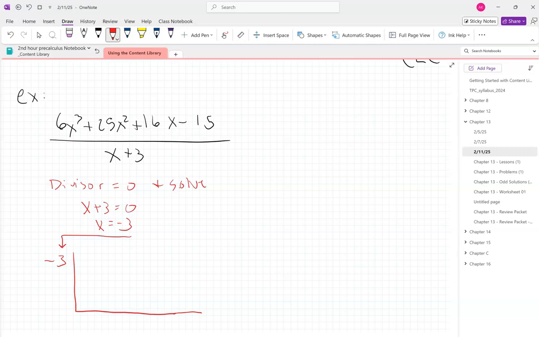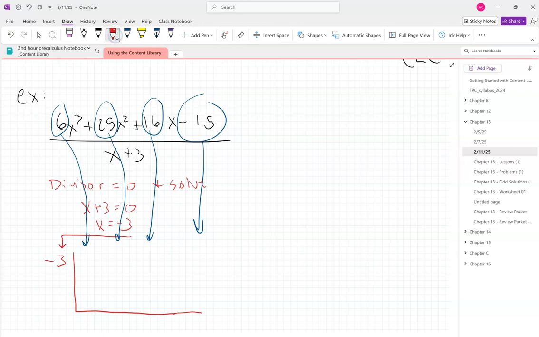So I'm going to draw this little grid. And then I'm going to take just the coefficients from my dividend and put them there.